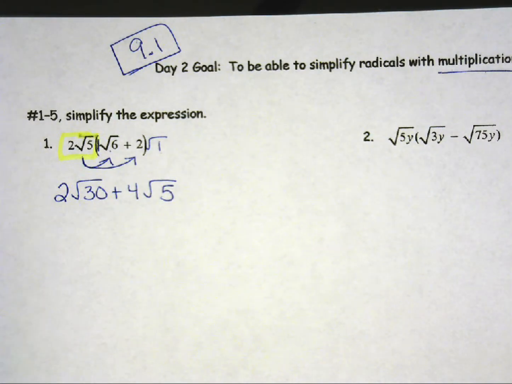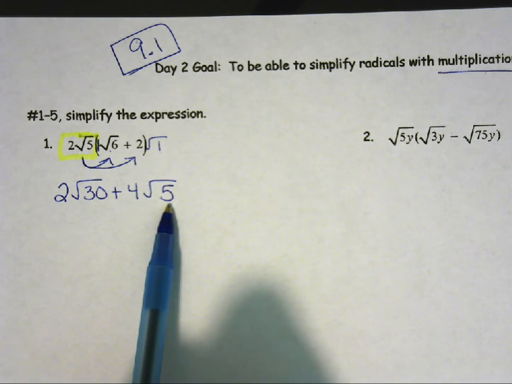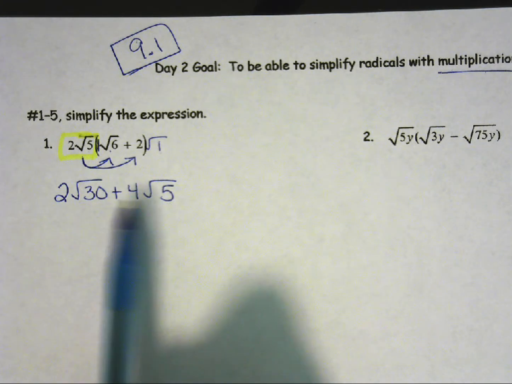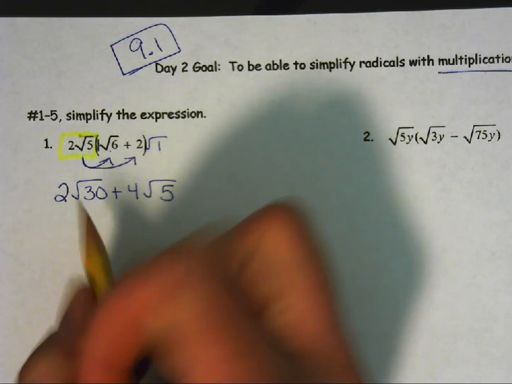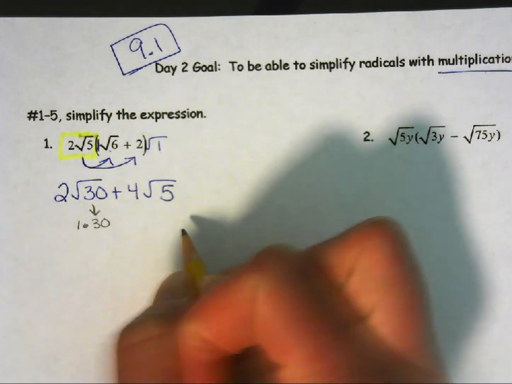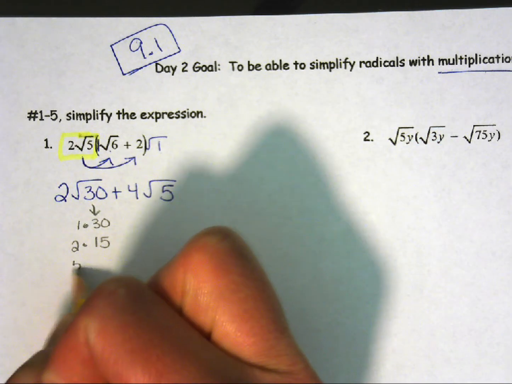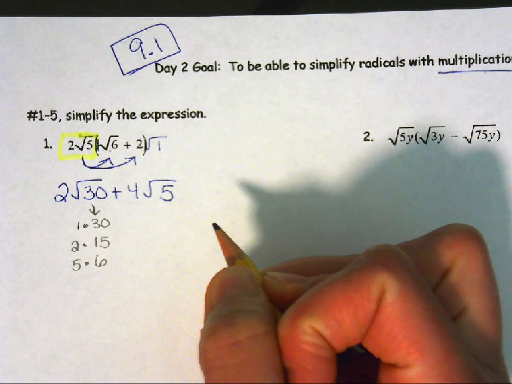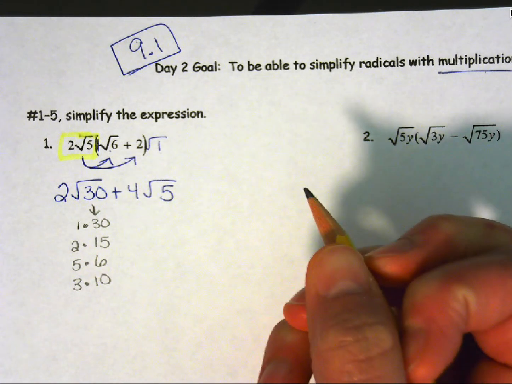And now what we just have to make sure is, can these go any lower? Now we know this one can't go any lower because it's prime, but now we have to think about the 30. So if you think about the multiples of 30, that would be 1 times 30, 2 times 15, and 5 times 6, and then what else? Maybe 3 times 10. I think that we've got them all.